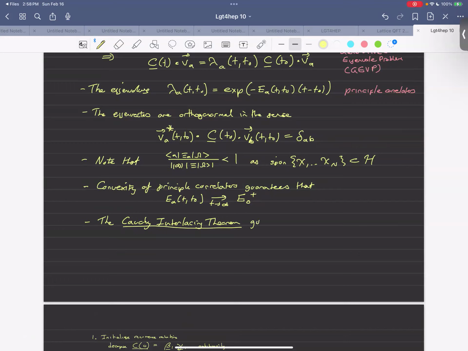And this guarantees that there are at least n true eigenenergies below the nth effective energy for any t and t naught.